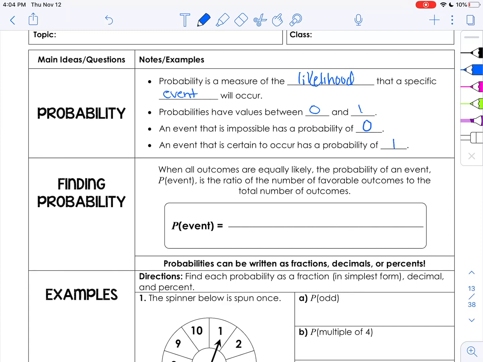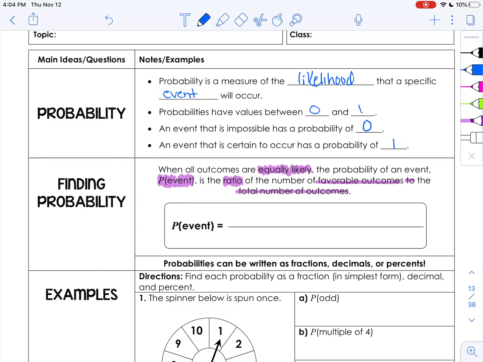To find the probability when all outcomes are equally likely, the probability of an event, which we write P parentheses and the particular event, is the ratio of the number of favorable outcomes to the total number of outcomes.